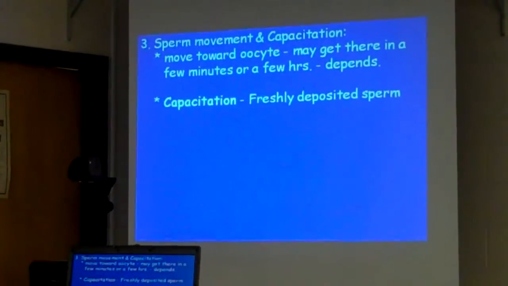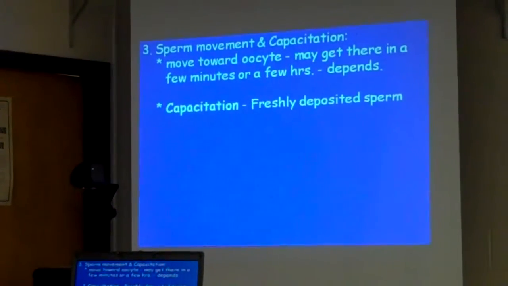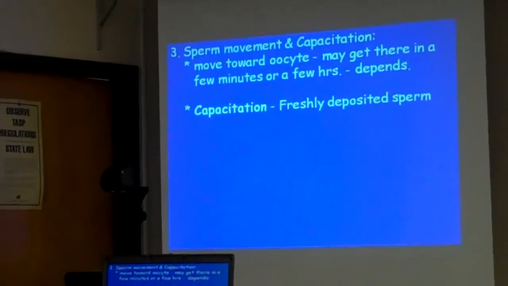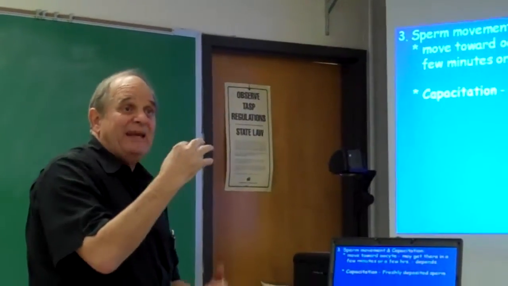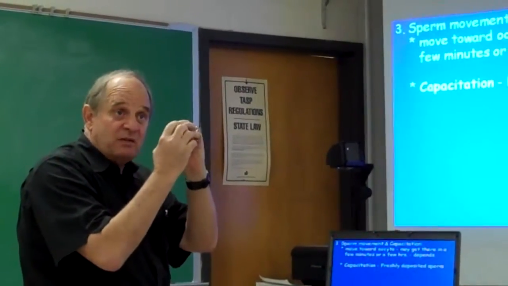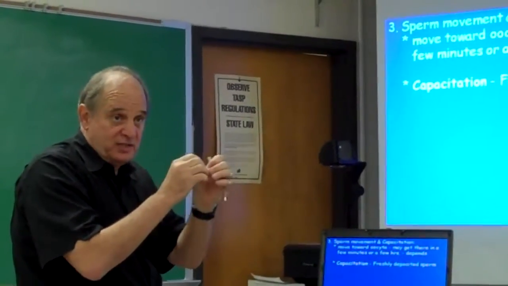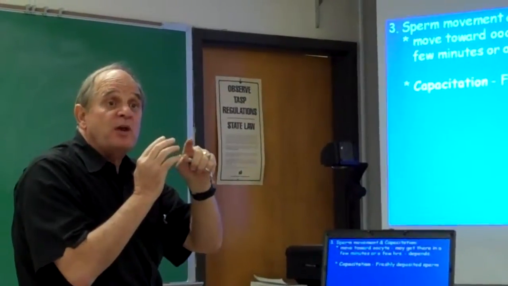What this means is freshly deposited spermatozoa are not capable of fertilizing a secondary oocyte. They're not capable, because the acrosome is a very tough structure, and the membranes have to be broken to release the hyaluronidase and proteinases. And so it takes moving down the female reproductive tract.